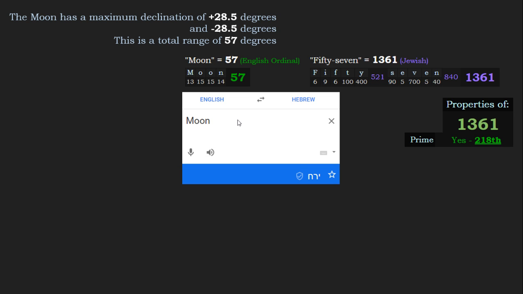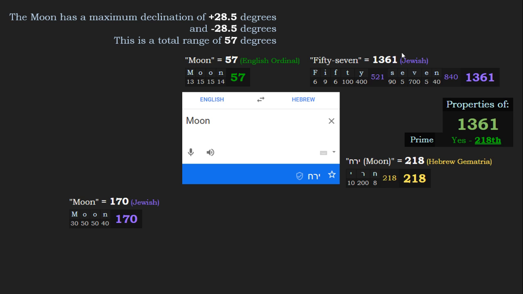When tracing the gematria of the word moon from English back into the Hebrew language, we find that the word moon in Hebrew has a gematria value of 218. Furthermore, when you write out the word moon in Latin Gematria, you get a value of 170.